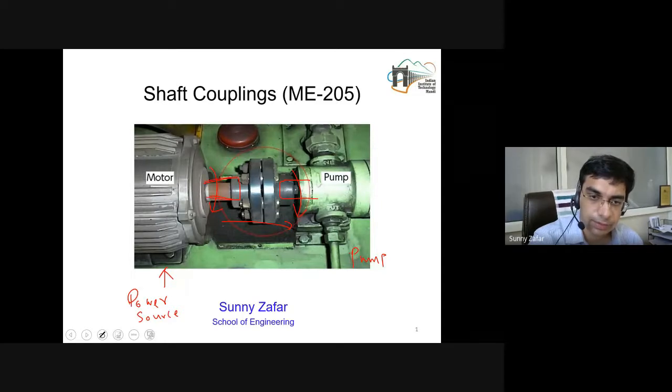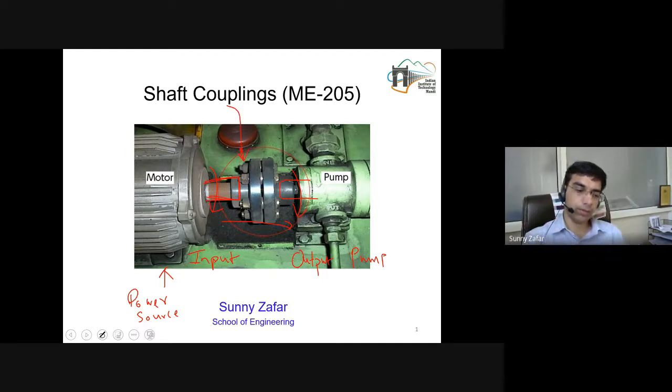So there are two shafts. One is the input shaft, and here we are interested in the output. Now shaft couplings are nothing but arrangements made to couple two shafts. So we are coupling these two shafts together to transmit power.